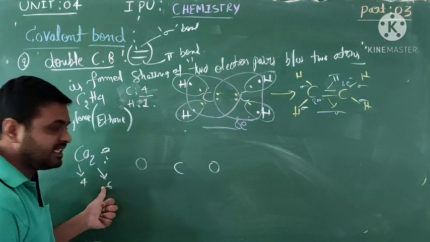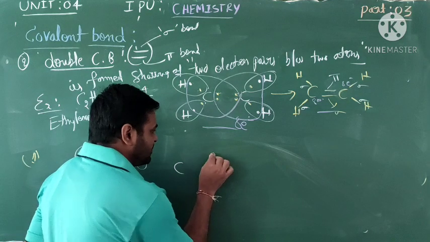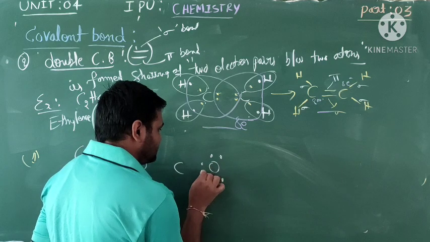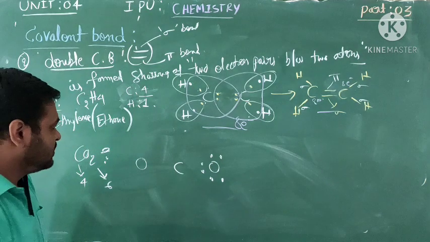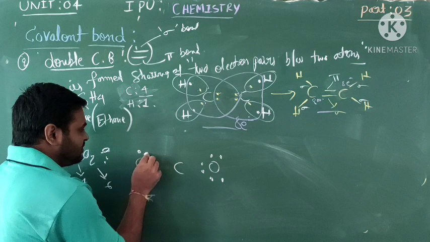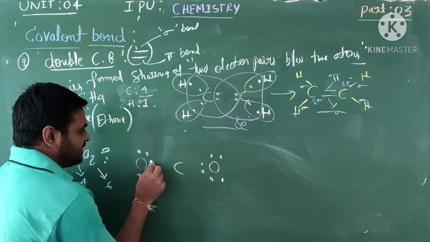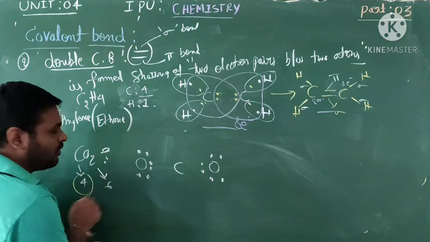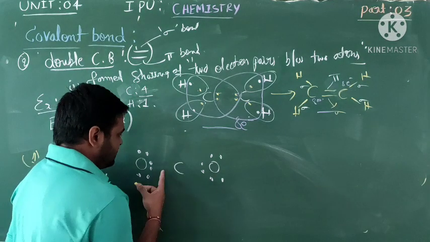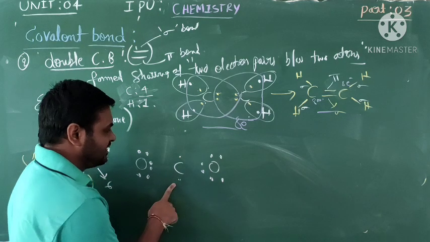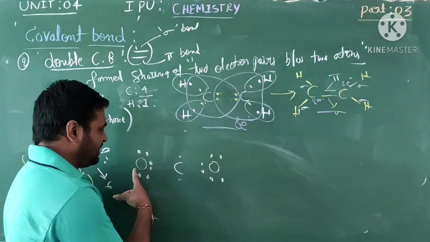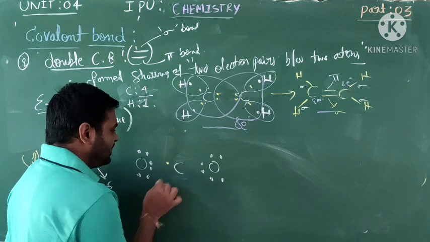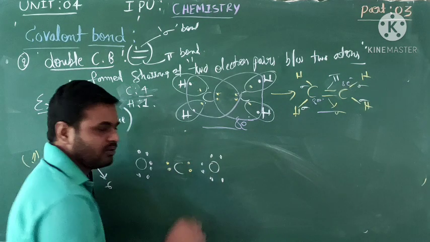Oxygen's capacity is 6 electrons: 1, 2, 3, 4, 5, 6. On this side also 1, 2, 3, 4, 5, 6. What about carbon? Carbon has 4 valence electrons, shared with the left and right side atoms. So 1, 2, 3, 4.